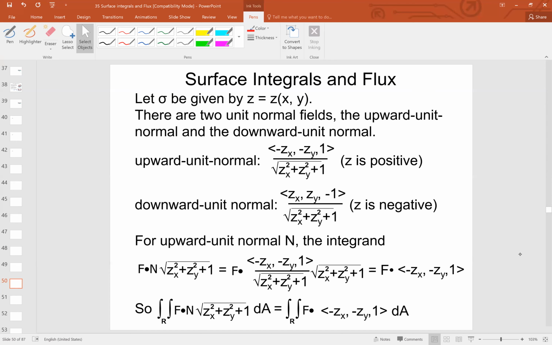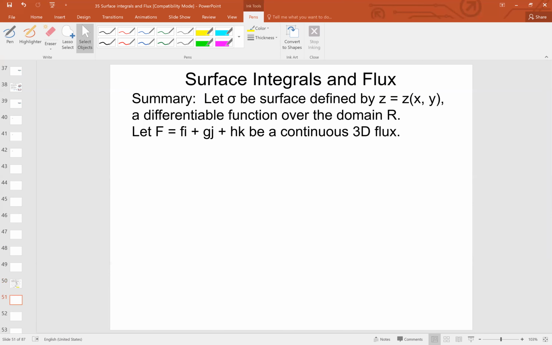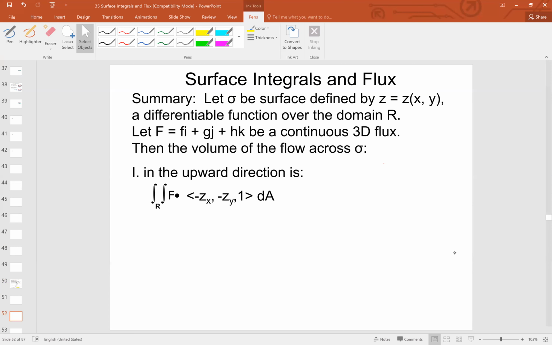Okay, so these are the formulas I'm talking about. For instance, the total amount of flow in the upward direction is given by simply this formula.